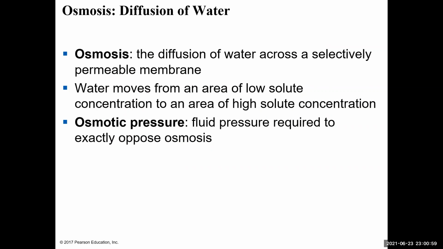Next is osmosis. And so osmosis specifically refers to the movement of water, so the diffusion of water. Now, osmosis can be a little tricky to get down because of the way it's worded and how the process happens. So osmosis is the diffusion of water across a selectively permeable membrane.